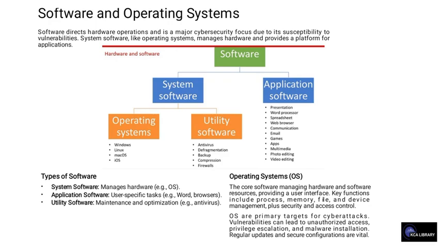And when we talk about the system software, it actually manages the hardware, in terms of the OS, operating system. Another is the application software, and these are used for specific tasks, the likes of Word, browsers, emails, and the likes.